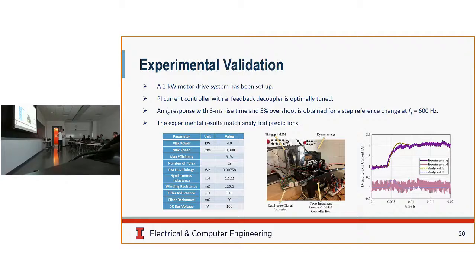I run this motor to 600 hertz, and the parameters are tuned according to the guideline I just described, and this step response is obtained. It matched the analytical predictions, and a 3 millisecond rise time and a 5% overshoot are obtained.